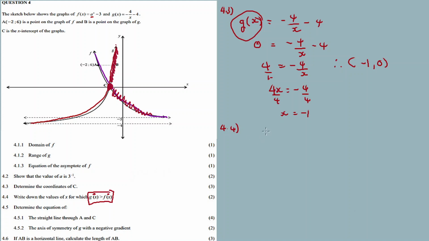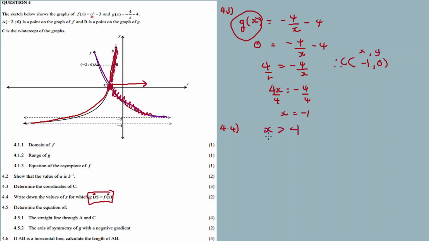It's whenever x is greater than, so these are the coordinates for C. This is x, this is y, right? So if I move from C to the right, I can see that g becomes above, f becomes below. It means that whenever x is greater than minus 1, g is above and f is below.